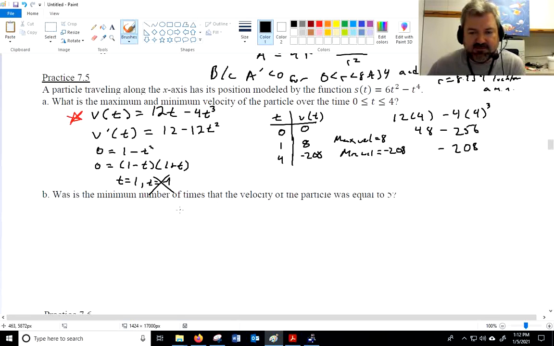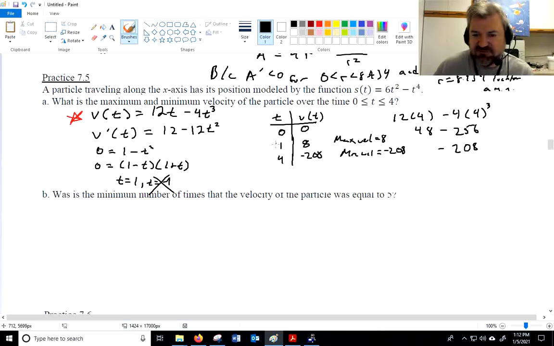What was the minimum number of times that the velocity of the particle was equal to 5? Okay, so we know that this graph was going up because the derivative is positive from 0 to 1. And then the derivative is negative after 1 and to infinity.